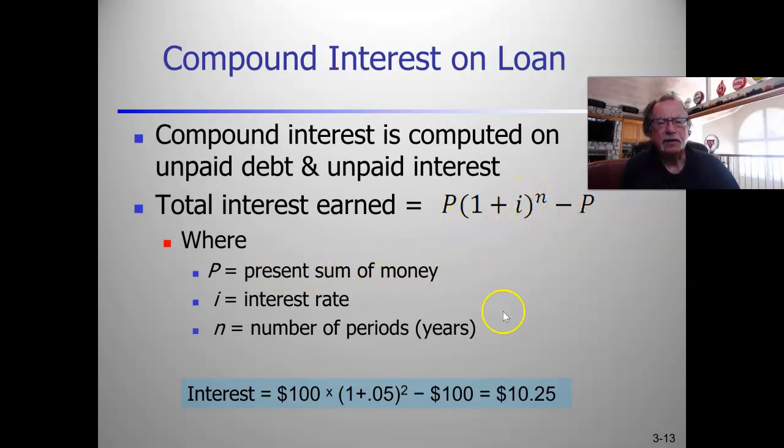So this exponent gets us into the compounding of interest. And instead of earning $10 as we would earn in simple interest, we actually earn $10.25 because the $5 of interest that's earned at the end of year 1 earns 5% as well for the second year.